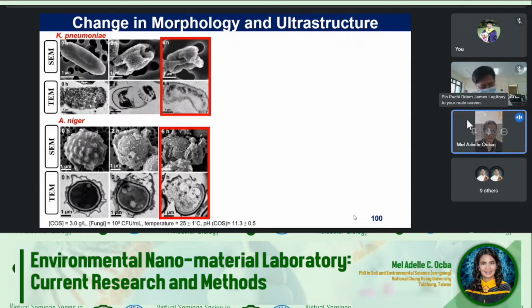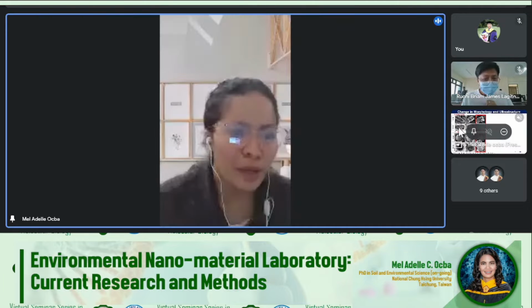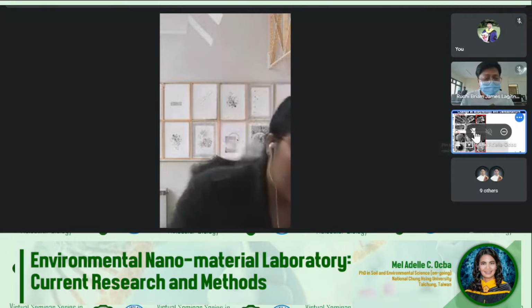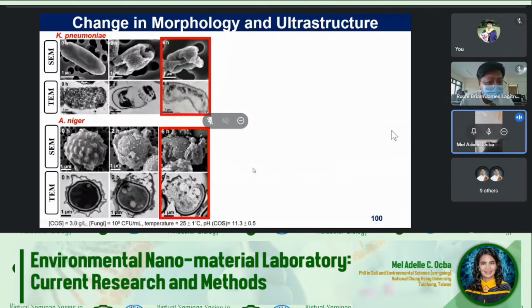Yes, that's a very good question. This is the highlight of why we compare the TEM and SEM. For this figure, this is the change in morphology and the ultrastructure of the K. pneumoniae and the A. niger. As we can see, using the SEM, we cannot see the structure inside the cell.